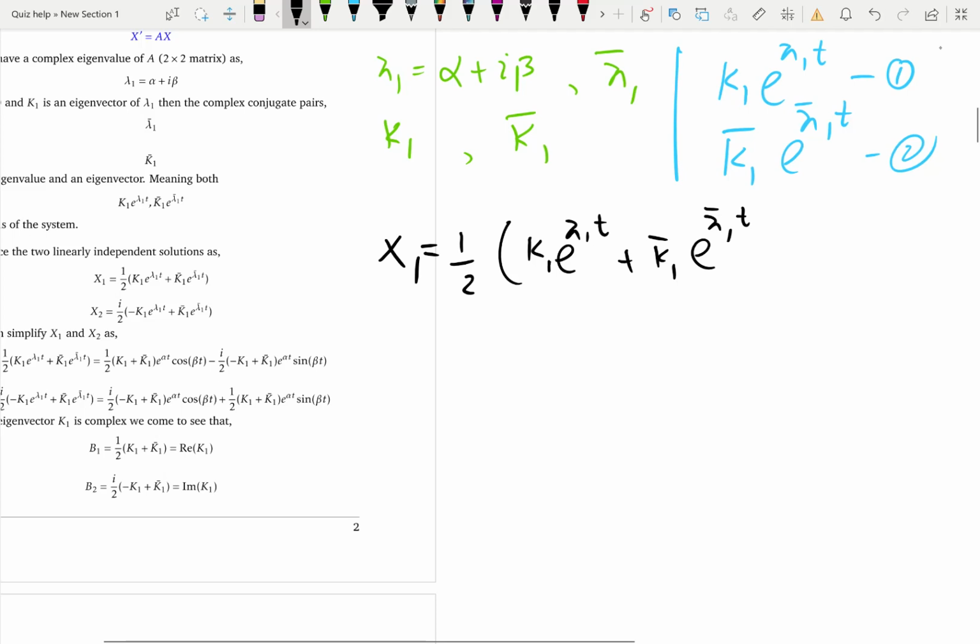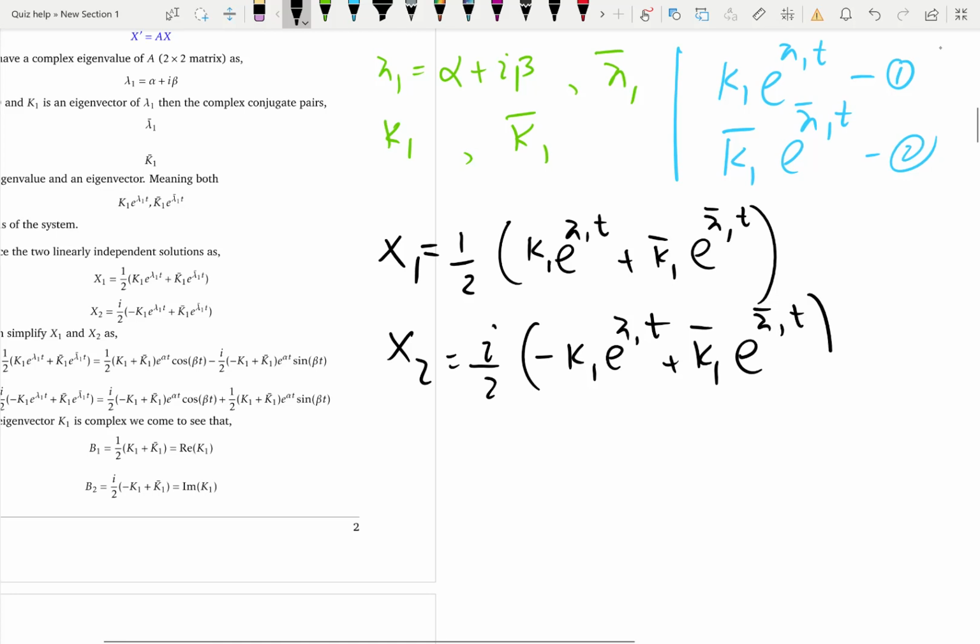So I just took these two solutions, added them and divided by 2. And I construct my x2 as i over 2, that's a constant, times minus k1 e to the lambda 1 t plus k1 bar e to the lambda 1 bar t. To construct the second solution, I subtracted equations 1 and 2, multiplied by i and divided by 2. That is how I create my two linearly independent solutions.